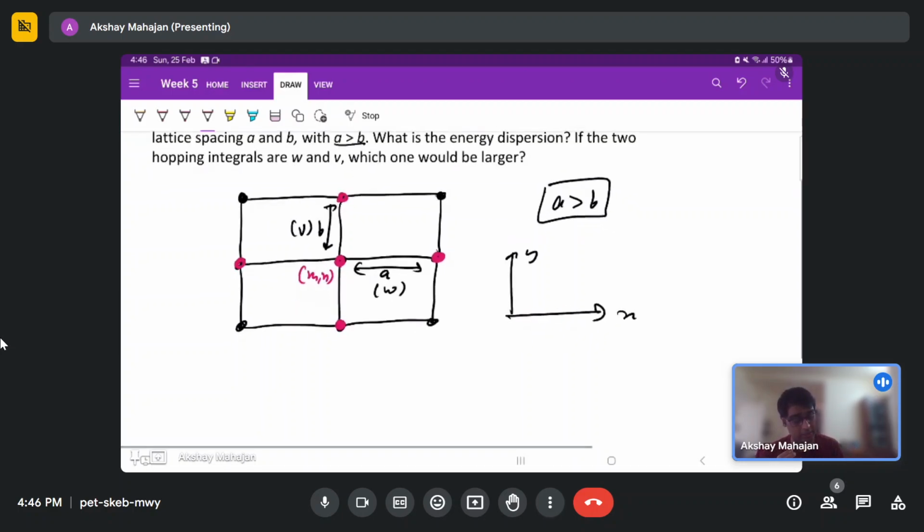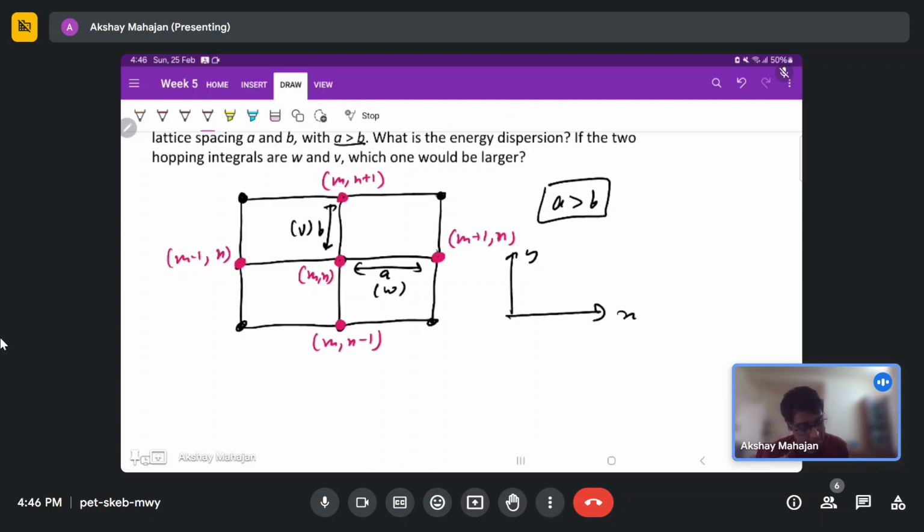They are given by m plus 1 comma n, m minus 1 comma n, m comma n plus 1, and m comma n minus 1.